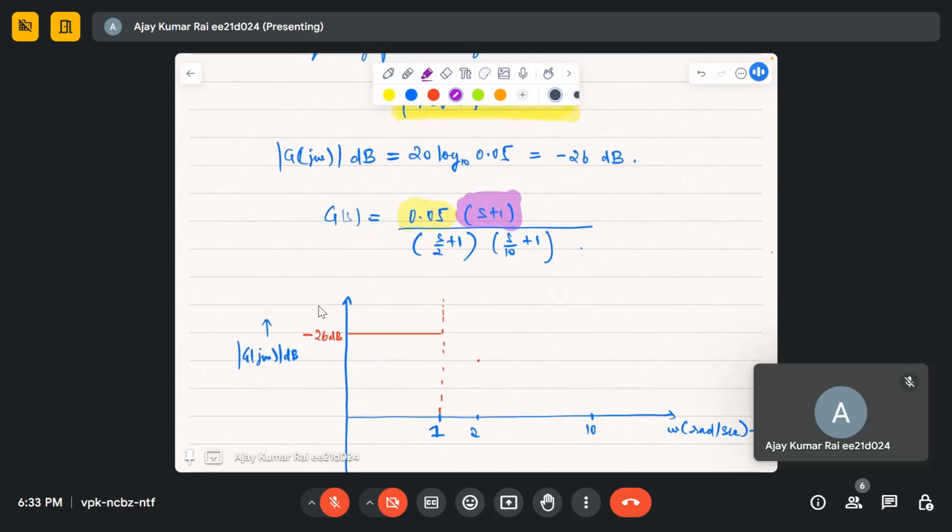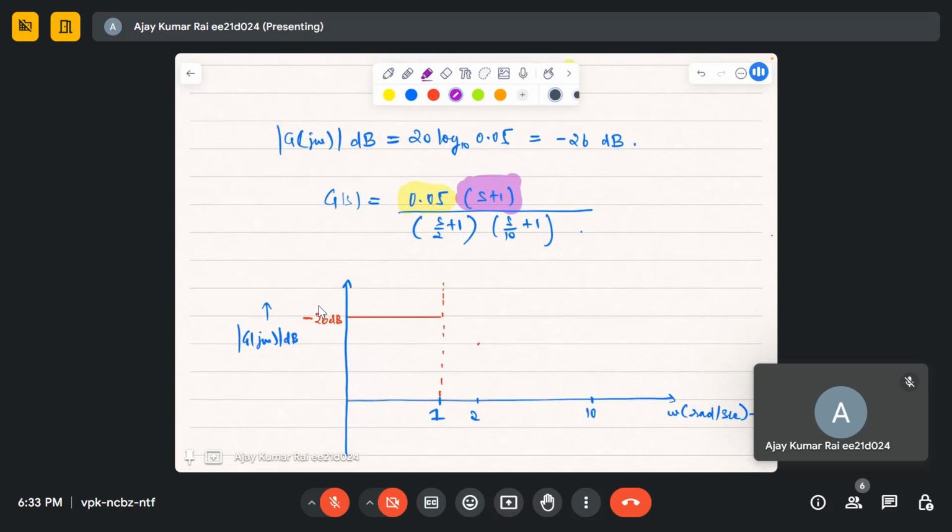It will have 20 log of omega component. If you refer to the theory, 20 log of omega component. The other two denominator parts will not contribute anything still, because in the 1 to 2 region, the only contribution is by this.